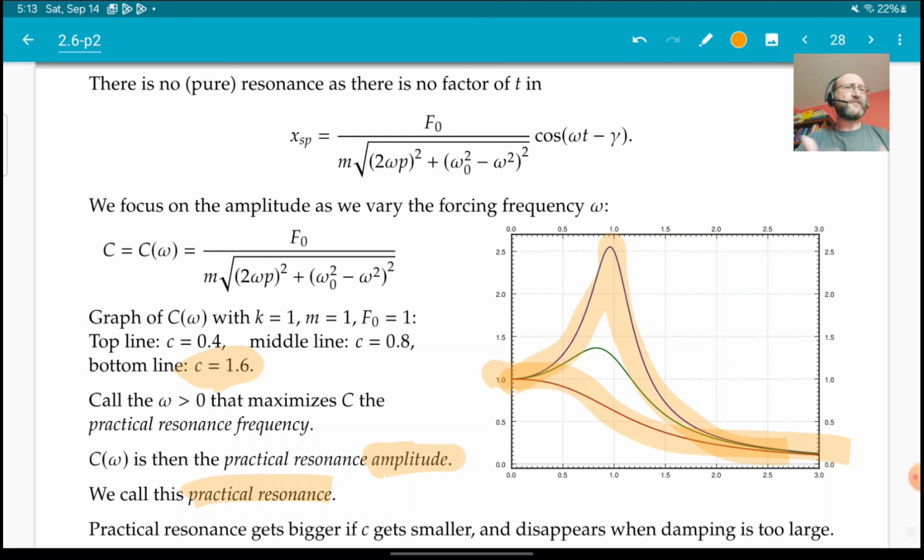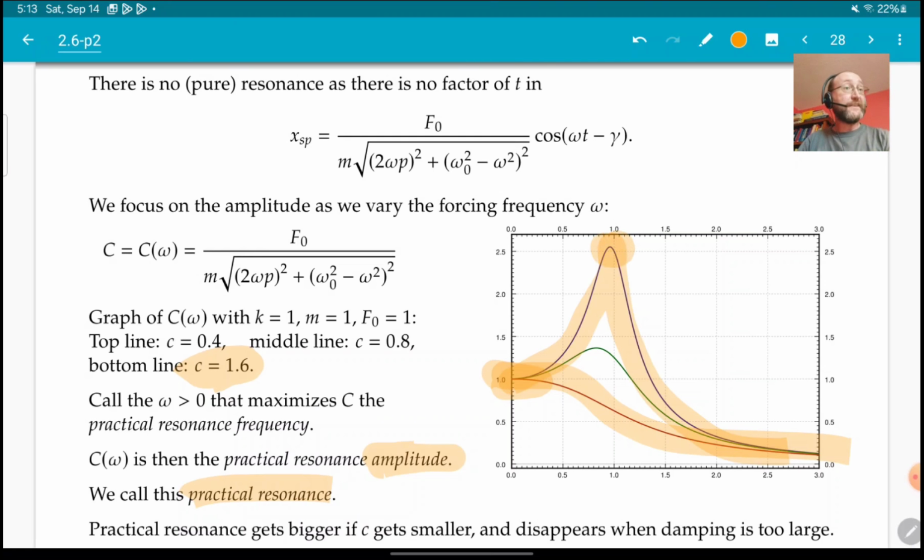no practical resonance. I mean, essentially, no matter what omega is, if I make it smaller, okay, it's getting closer to this one, but I'm never making it more than that. It's never going to get more than just pushing it with constant force. And so that's not resonance. Resonance should be getting something better than just constant force.